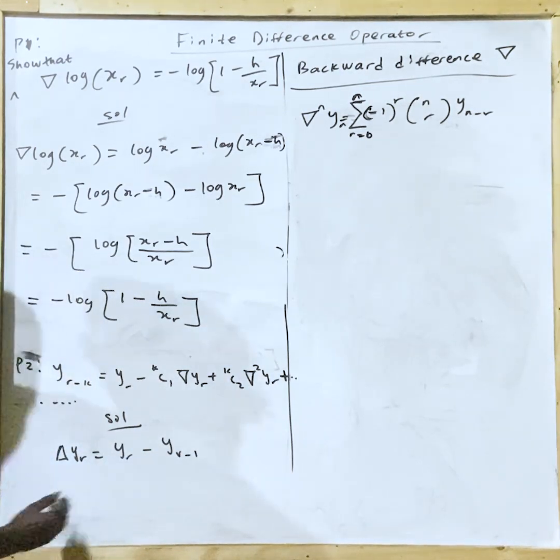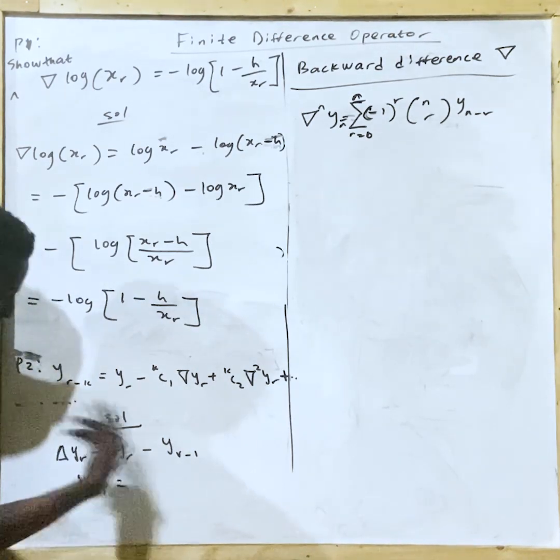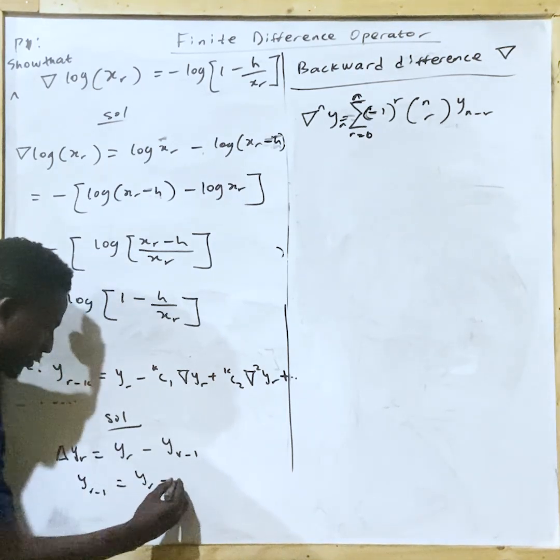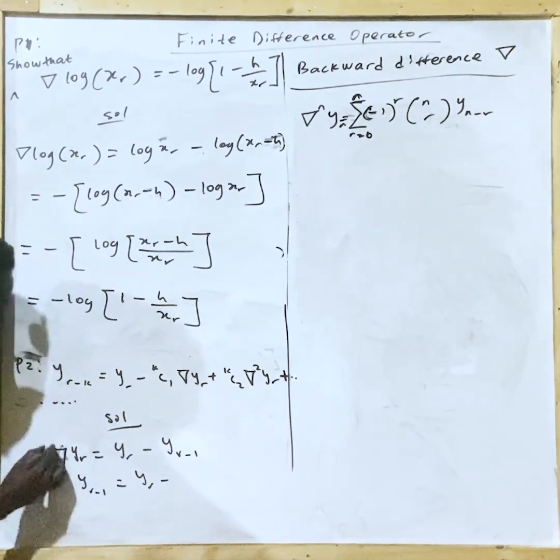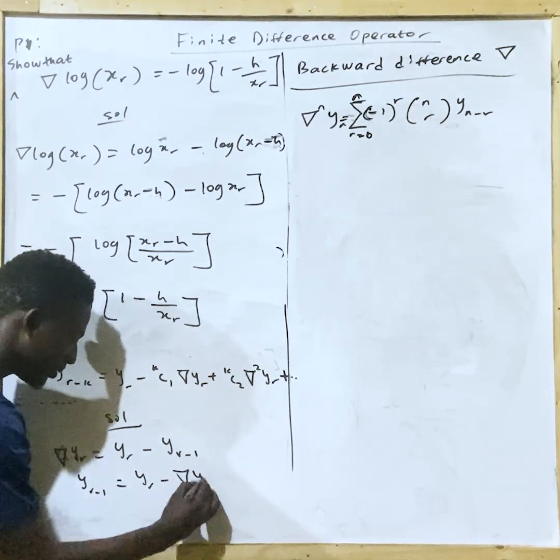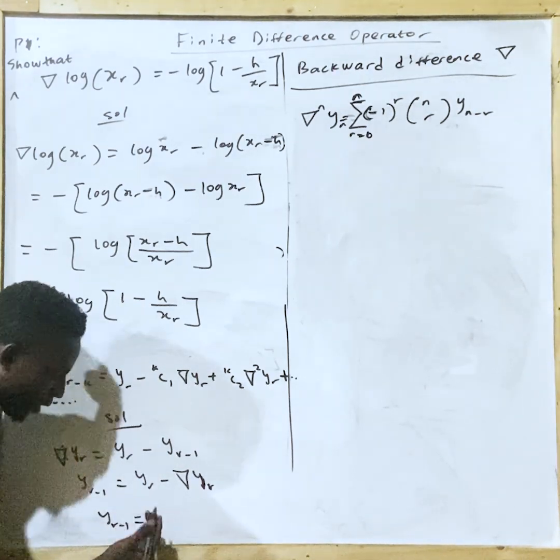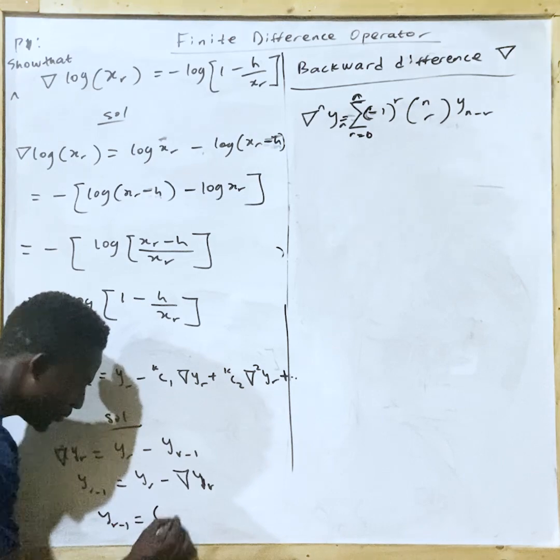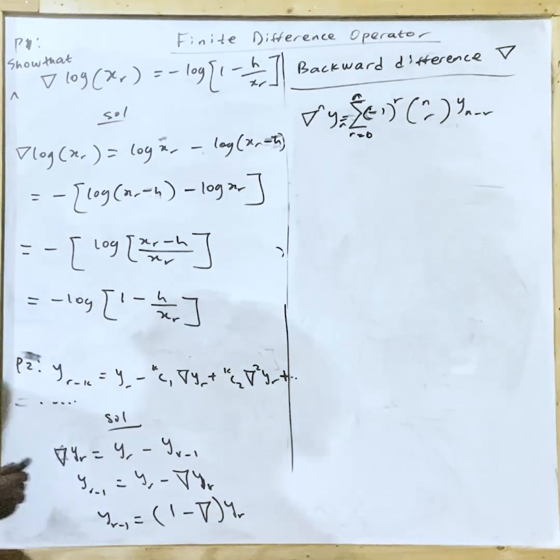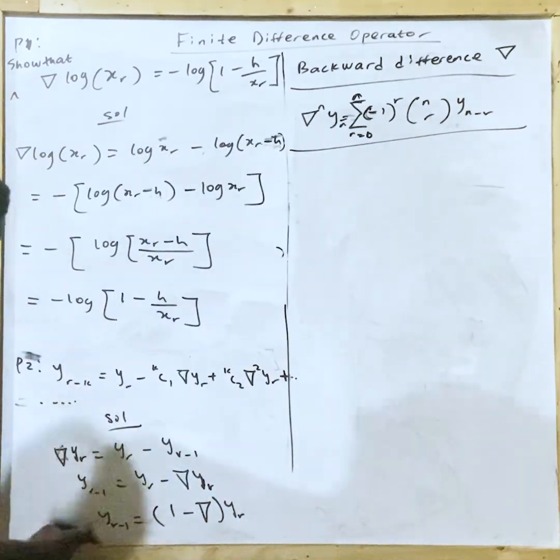If I make y_(r minus 1) the subject of the formula, I have y_(r minus 1) equals, factorizing y_r, 1 minus the backward difference into bracket y_r. So I know that y_(r minus 1) is this.